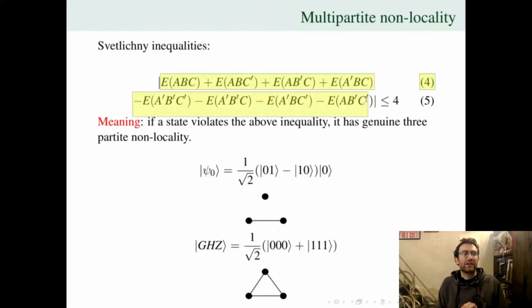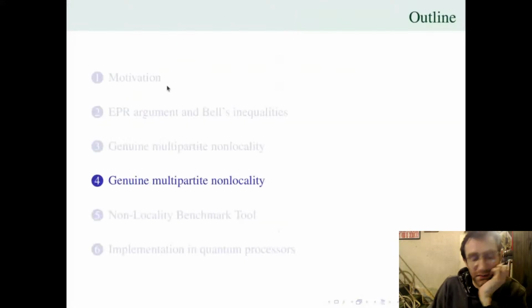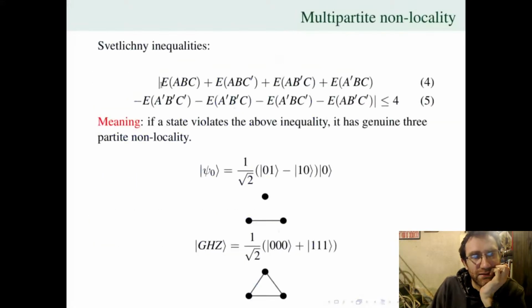If the correlations of the quantum state are such that you find a violation of these inequalities, then you are sure, and you can say, that they display genuine tripartite non-locality. Notice that for computing this magnitude, you need to measure correlations in different measurement contexts.